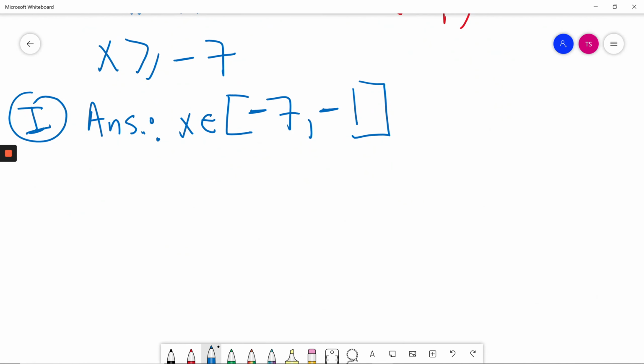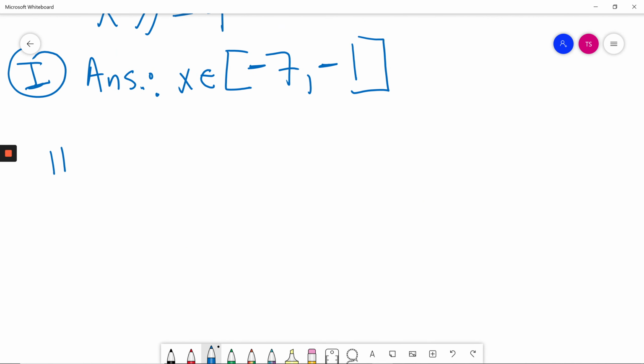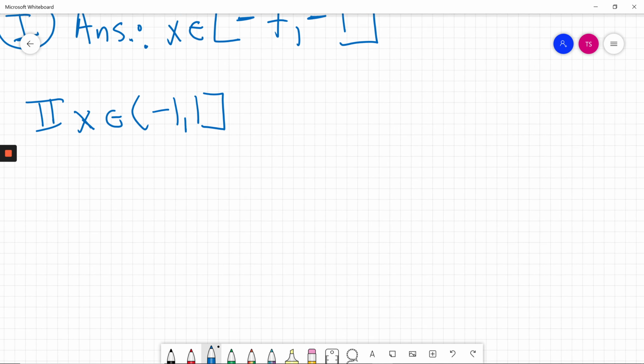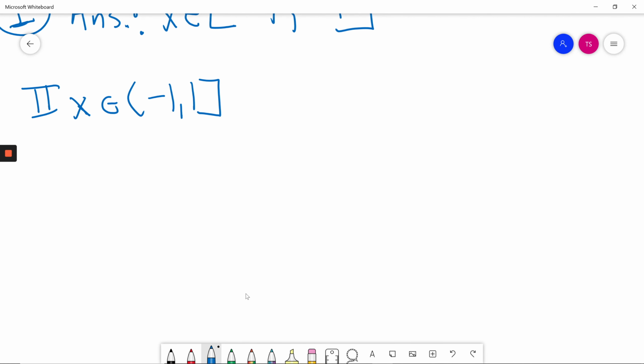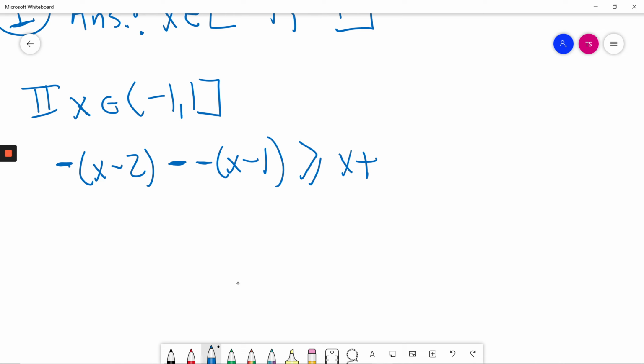Now I will solve the question in the second interval. X belongs to minus 1 to 1. So first thing will be negative, minus x minus 2, minus negative x minus 1, more or equal x plus 1 minus 5.